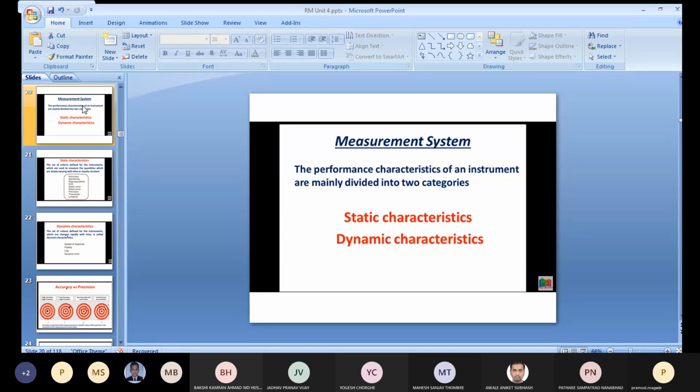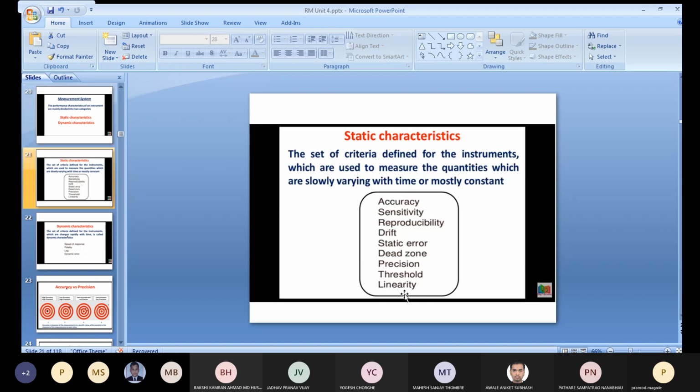So we know it is static and dynamic, and the question is for 8 marks. So don't write all the things, accuracy, precision. You will have to write this and explain 2 or 3 parameters out of this. Understood? Or else what happened? For that 8 marks, we'll have to spend half an hour unnecessarily. So it's of no use.